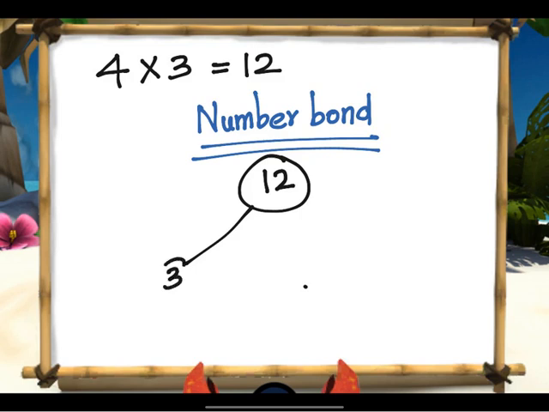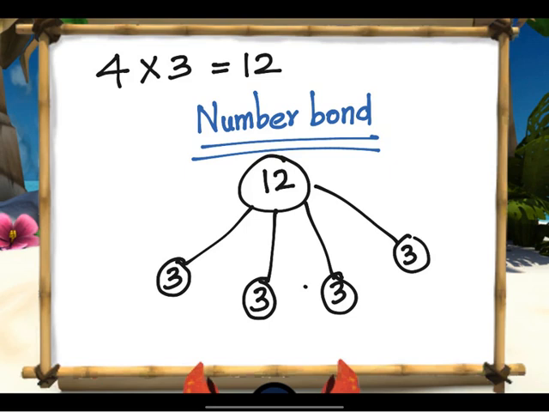So 4 groups of 3. So let me write 3, 3, 3, and 3. So this is the number bond for the multiplication equation 4 times 3 equals 12.